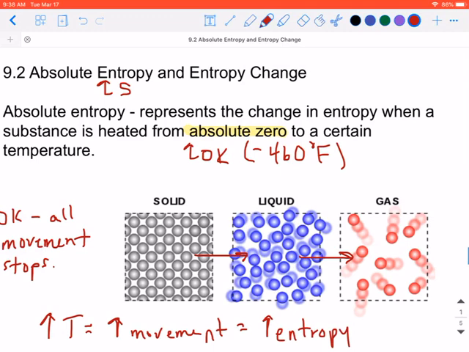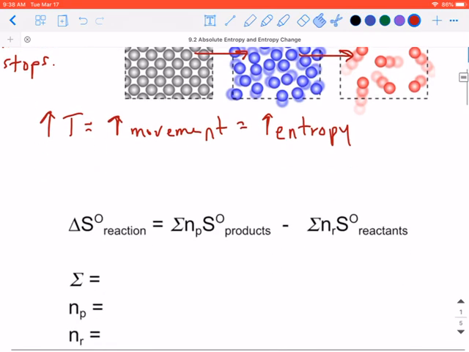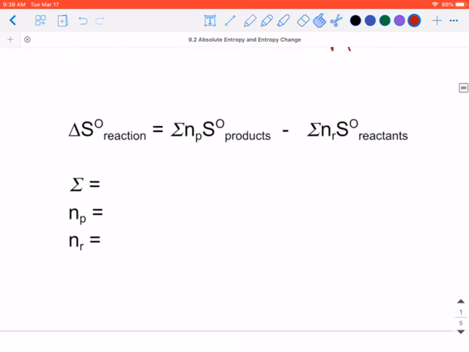So they can measure the entropy of a substance through calorimetry: cooling something down, heating it up, and then ultimately calculating how much energy was absorbed from that temperature change. So let's move on down to our equation.